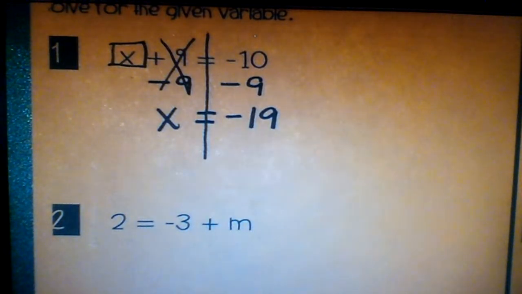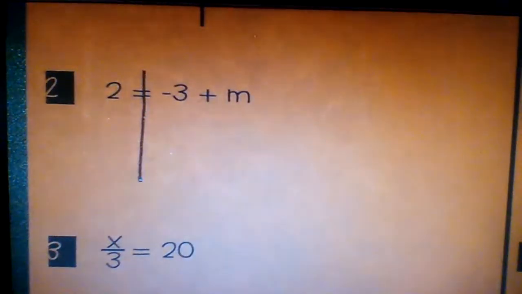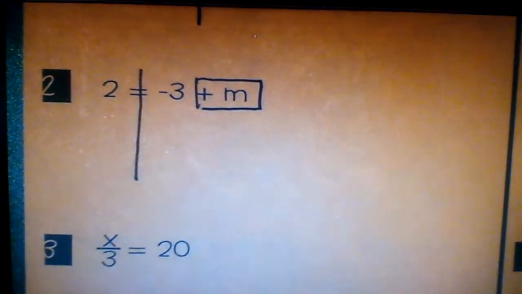Okay, let's move down to number 2. Our job is to get positive M by itself. So what do I gotta get rid of? What do we gotta get rid of in number 2?